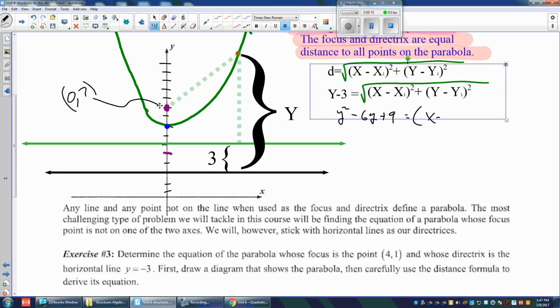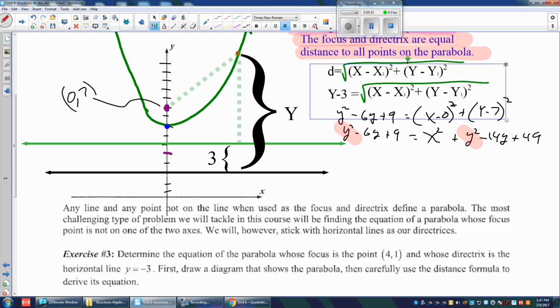So x1 is 0 squared plus y minus y1 is positive 7 squared. Now when I square these, I get y squared minus 6y plus 9 equals x squared plus y squared minus 14y plus 49. Let's combine like terms. Get rid of the y squareds.